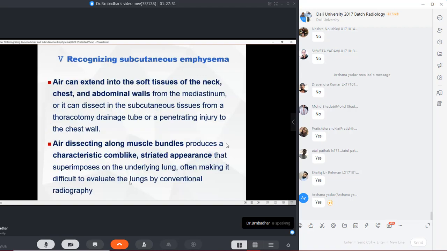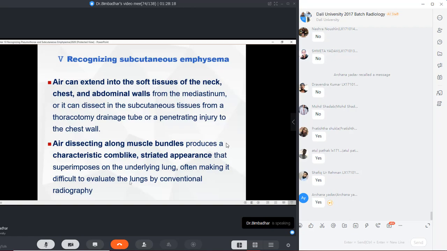Air can extend into the soft tissues of the neck and abdominal walls from the mediastinum, or it can dissect in the subcutaneous tissues from a thoracotomy, drainage tube, or penetrating injury. Air dissecting along the muscle bundles gives a comb-like striated appearance, also superimposing on the underlying lung, often making it difficult to evaluate the lungs by conventional radiography.